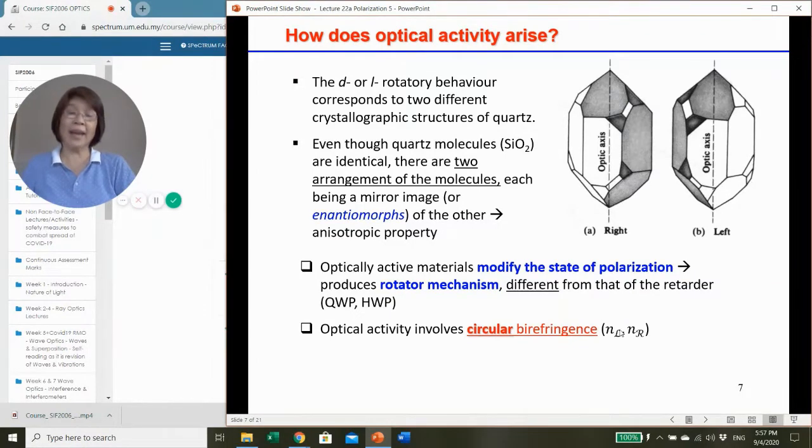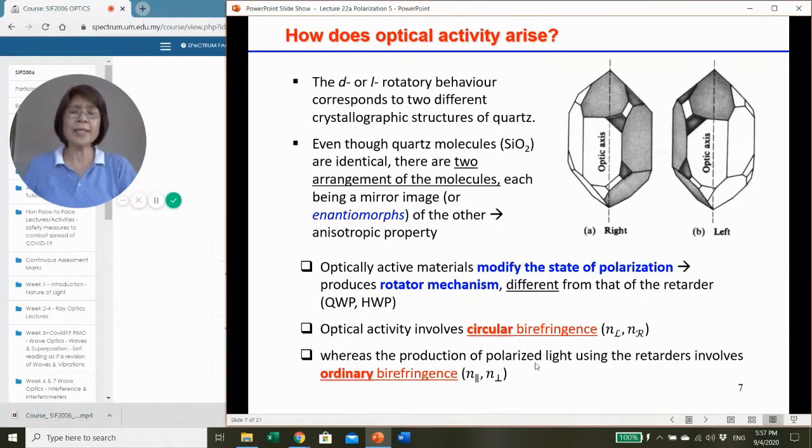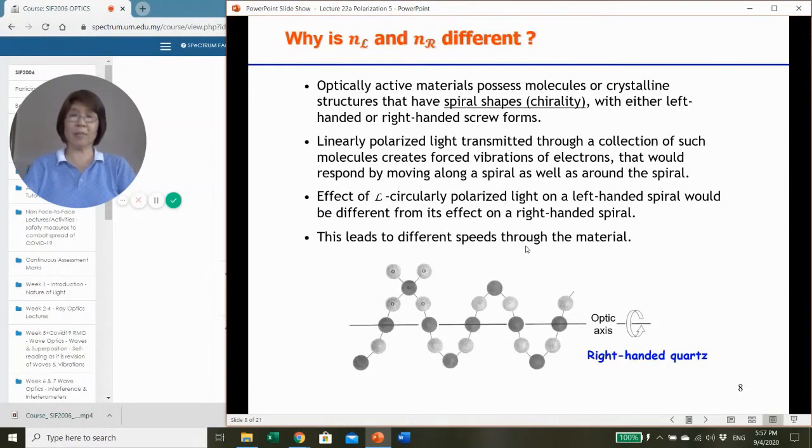So you have NL and NR, where R stands for right, L stands for left-handed circular polarization. Whereas the retardation plates also involve birefringence, but ordinary birefringence, which was assigned whether it's parallel or perpendicular to the optic axis of the material.